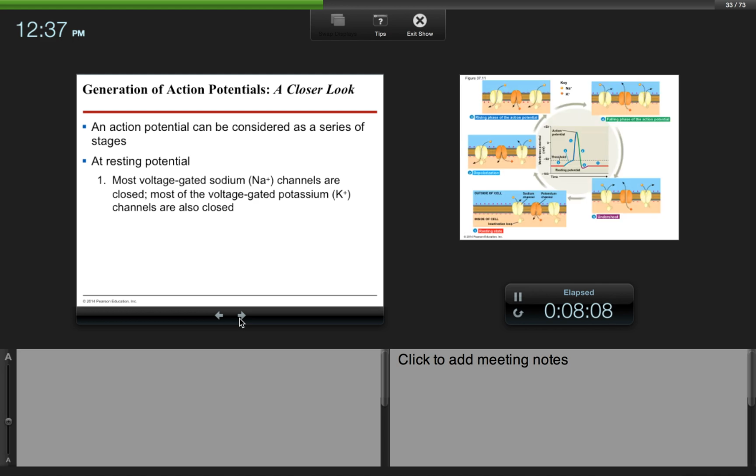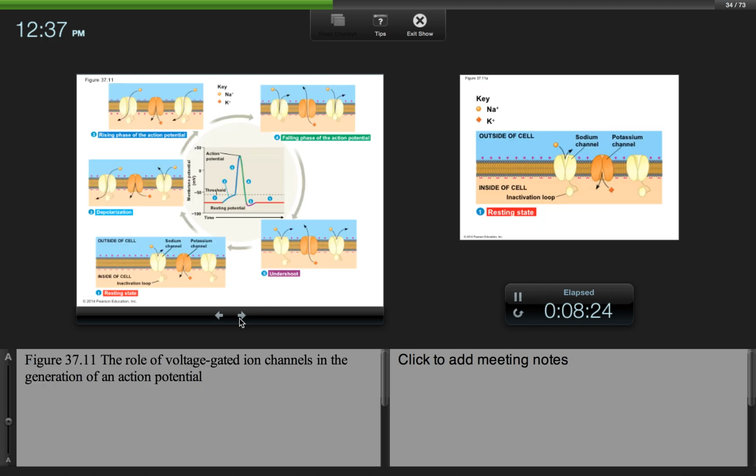An action potential can be considered as a series of stages. At resting potential, most voltage-gated sodium ion channels are closed. Most of the voltage-gated potassium channels are also closed. This is a very handy diagram as to what's happening, and it relates back to that graph that we just looked at.